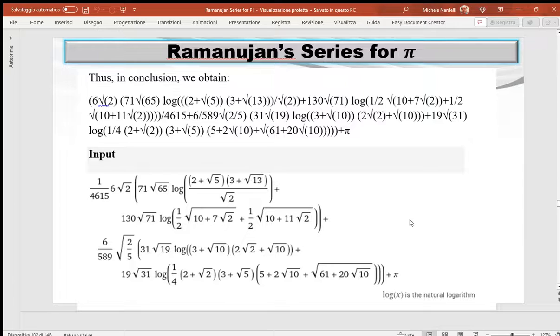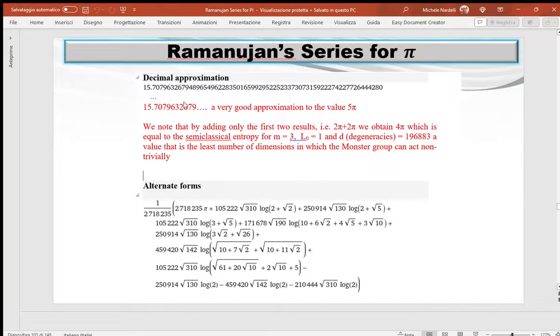In conclusion, we obtain from the sum of the various previously analyzed expressions the following conclusive expression that is equal to this result, that is a very good approximation to the value 5 times pi.